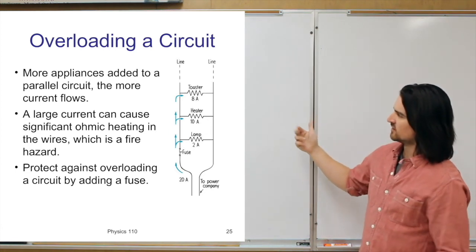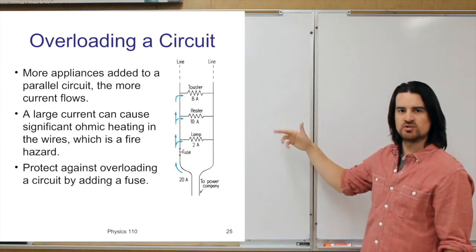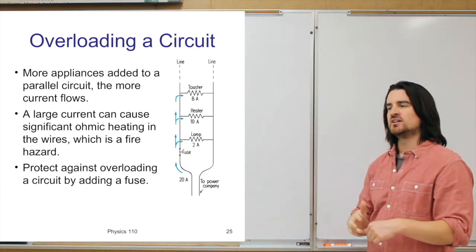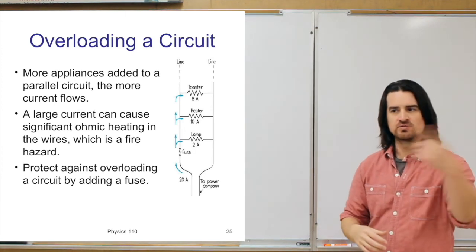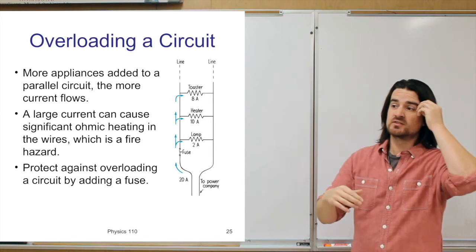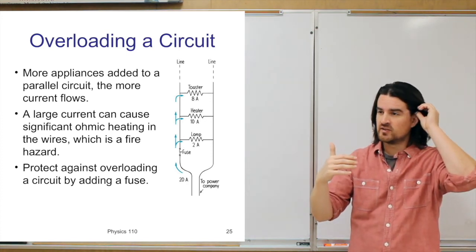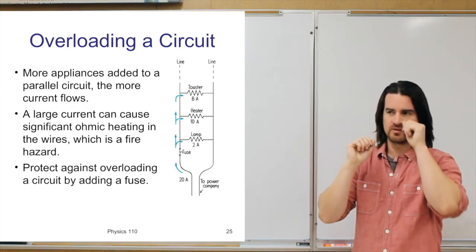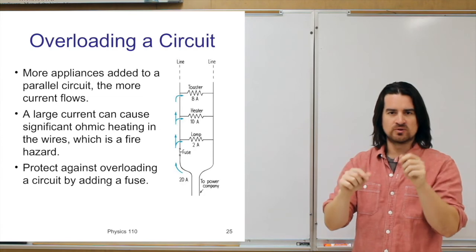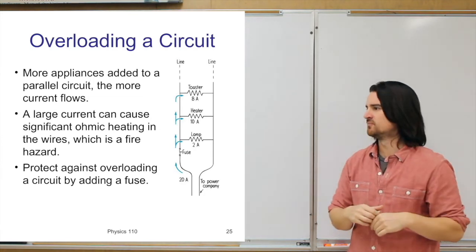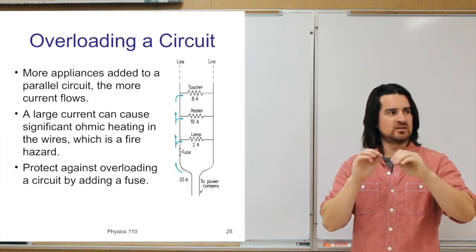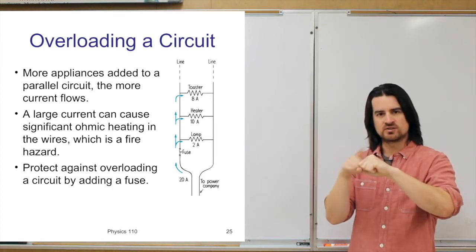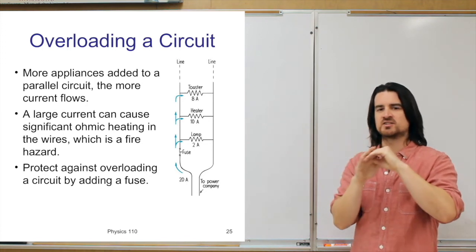So that allows you to keep connecting more and more components and drawing more and more current, but that can become a hazard because as current flows through the wiring in your walls, if it gets very, very high, then remember that current is just electrons flowing, and there's more and more of them moving as the current gets higher, so they're going to be running into the material of the wire, and also generally there's plastic coatings around the wire to insulate them, but they're going to be hitting those plastic coatings too.